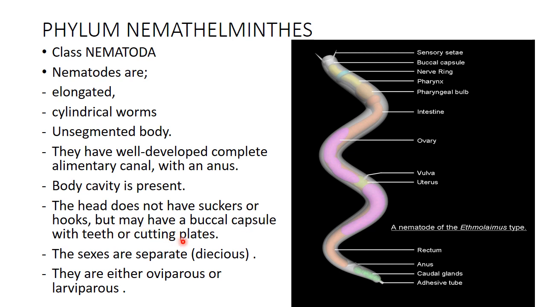Instead they have a buccal capsule which has teeth or cutting plates. Then in terms of their sex, they are separate. You have a male organism and a female organism, meaning that these nematodes are dioecious. Then when it comes to the mode of reproduction, they are either oviparous or larviparous, meaning that they can either lay eggs or give birth to live larvae.